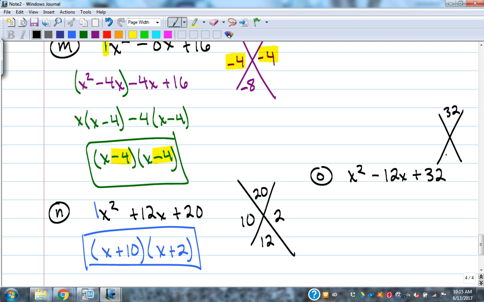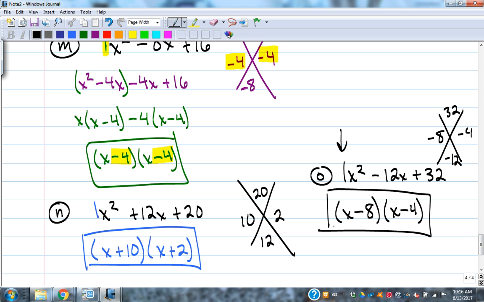Something that multiplies to be 32 and adds to be negative 12. Eight and 4, they both need to be what? Negative, because it's a negative that it adds up to be. And because there's a 1 in front of x squared, that allows us to just go, oh, it's x minus 8, x minus 4.